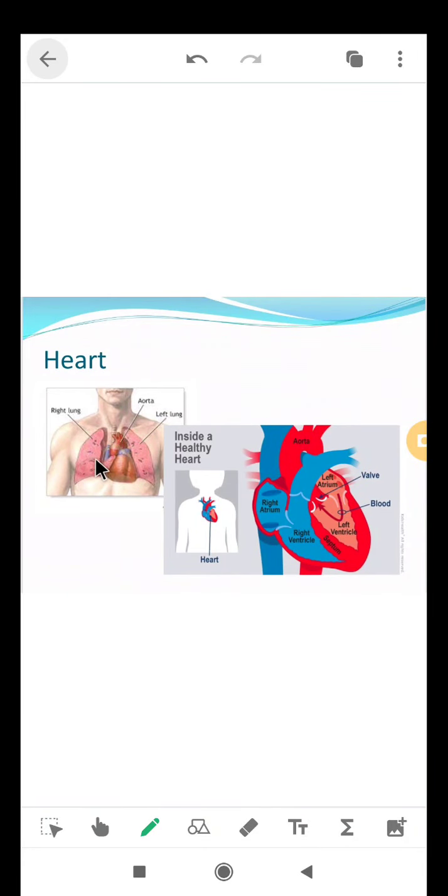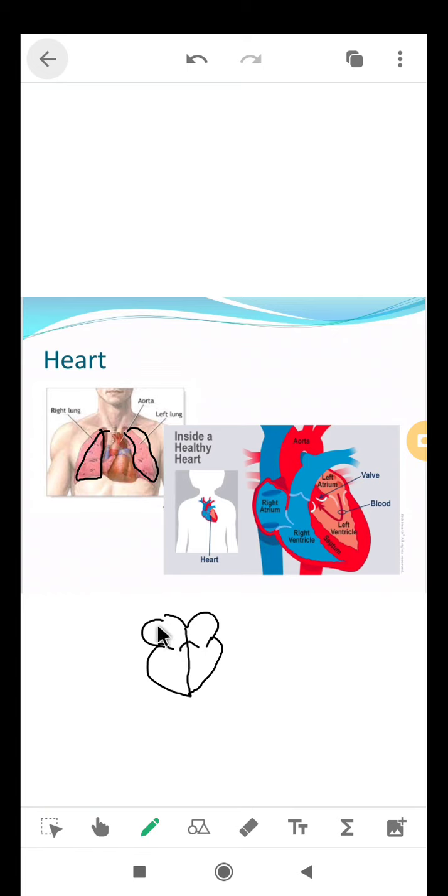It is the heart. The heart is present in our thoracic cavity in between two lungs. These are the lungs, and in between two lungs the heart is present. The heart contains four chambers, two atria or two auricles and two ventricles.